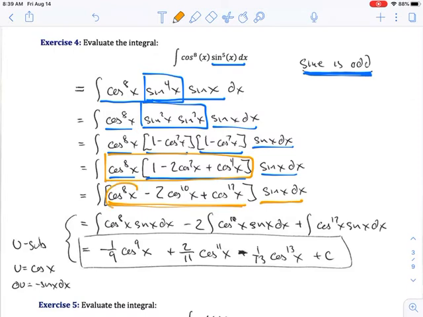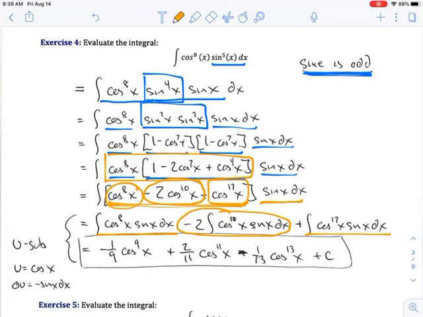So cosine to the 8th times sine gives me this, minus 2 cosine 10th times sine gives me this integral, and then cosine to the 12th times sine gives me this integral.